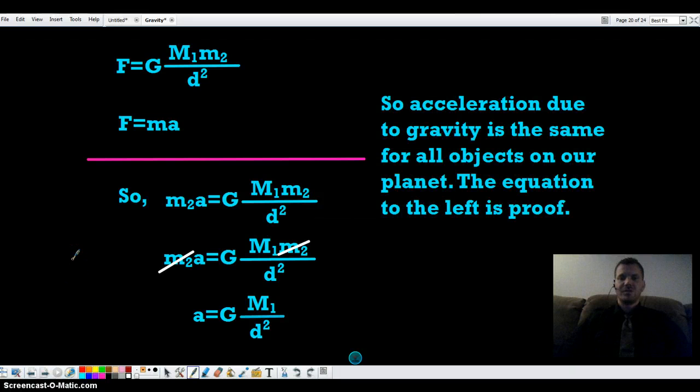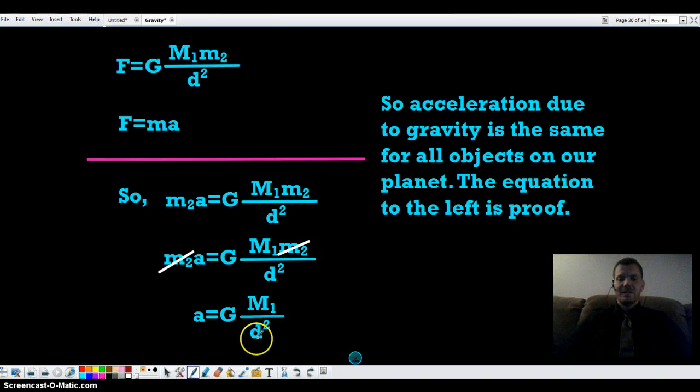So the acceleration due to gravity is the same for all objects on our planet. The equation to the left here is proof. But when I say all objects on our planet, that's not necessarily really true, because the distance can change from the center of the Earth. If our distance would change, which would change our acceleration, if we're down at sea level or if we're at the highest mountain, how would that change?